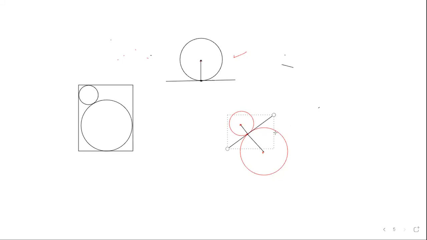And now you can see each of these is 90 degrees from what I just said, right? This angle is 90 and that angle is 90 because this is a tangent to both circles. And therefore the angle here is 180 degrees, which makes the thing a straight line. Okay, so that's another important fact.